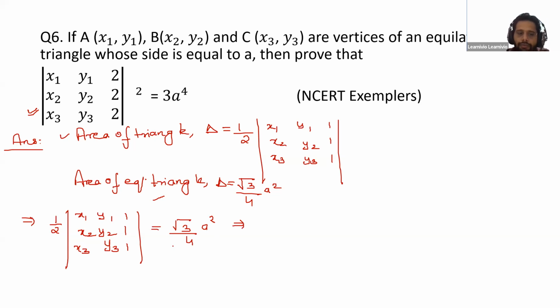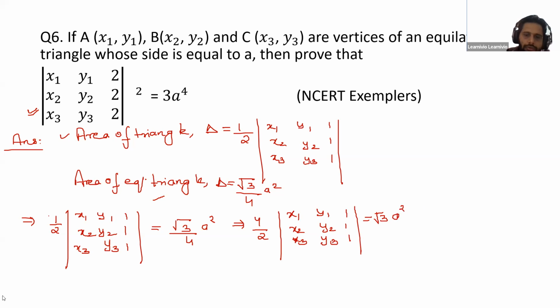Now shift this 4 to the left side, so you will get 4 by 2 times the determinant, and this is equal to root 3 a square.